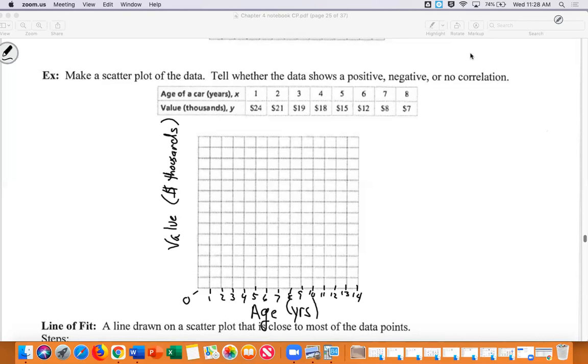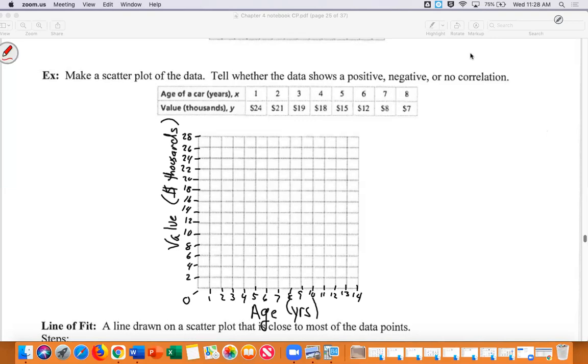So let's count by 2s: 2, 4, 6, 8, and so on. You get the point. So we got all the way up to 28.